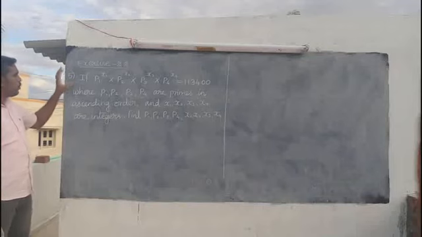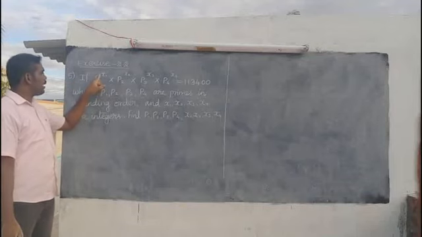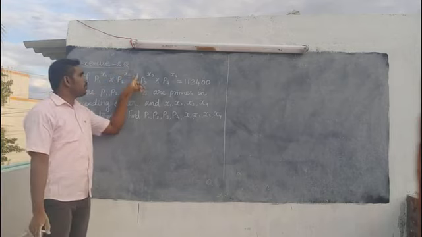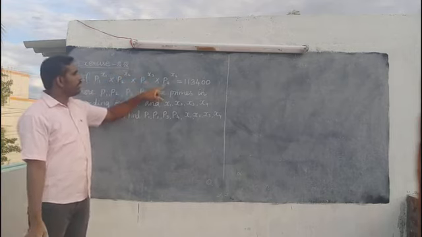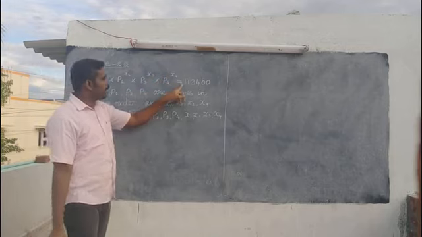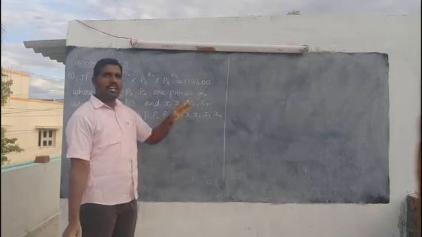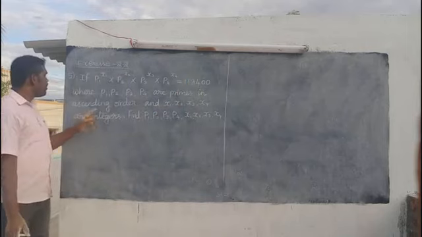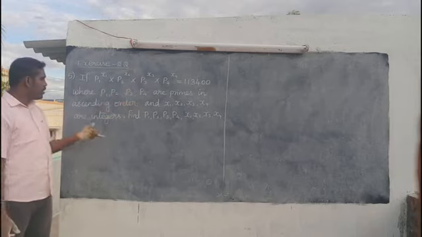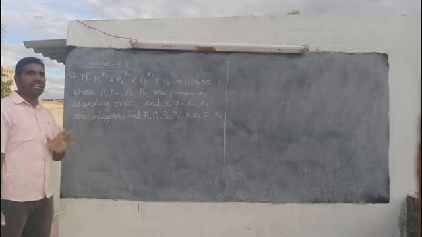2.2 question number 5. If P1 to the power x1 into P2 to the power x2 into P3 to the power x3 into P4 to the power x4 is equal to 1,13,400, that is given, where P1, P2, P3, P4 are prime numbers in ascending order.